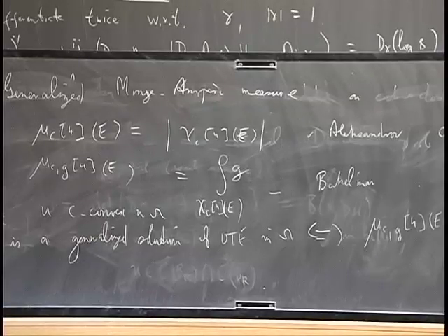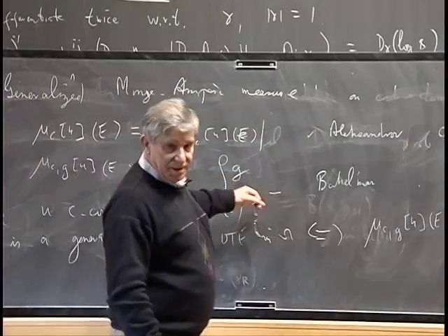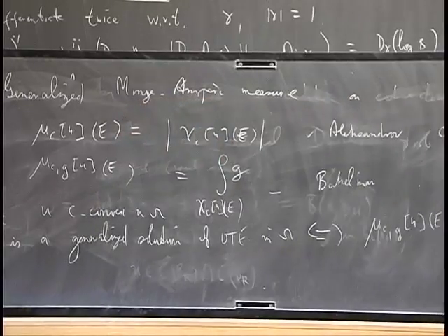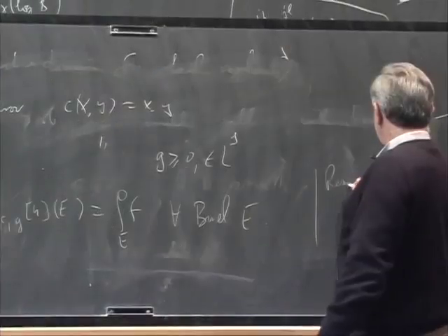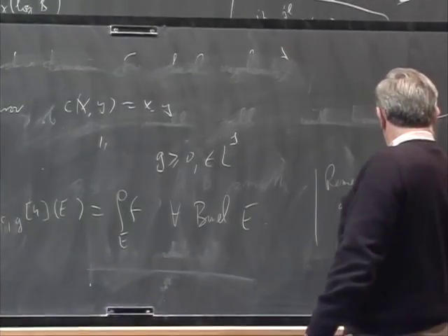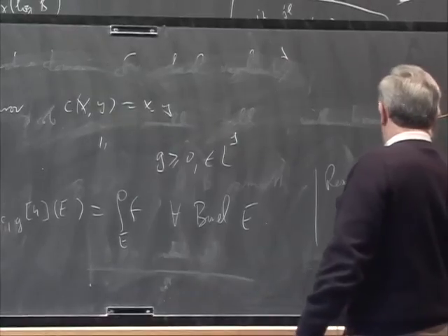Oh, and keep in mind, what about this g now? So g is not in the denominator anymore. I really want g to be, keep in mind, g is extended to be 0 outside omega star.